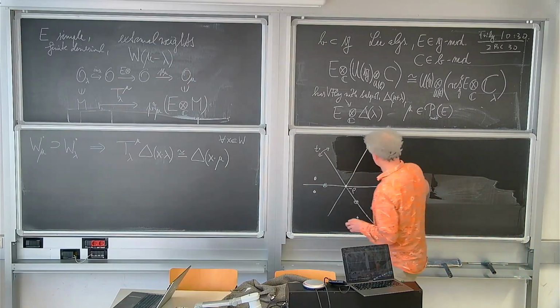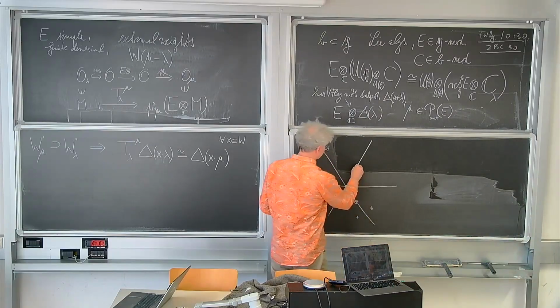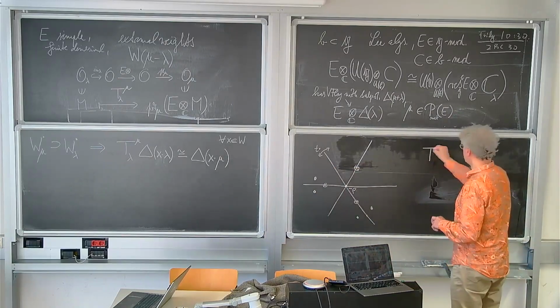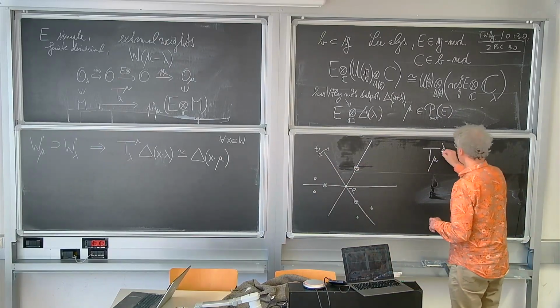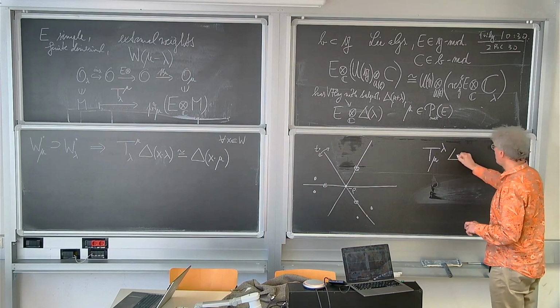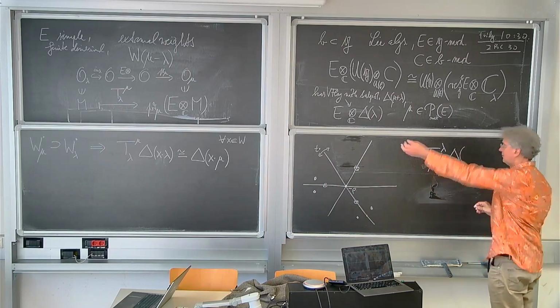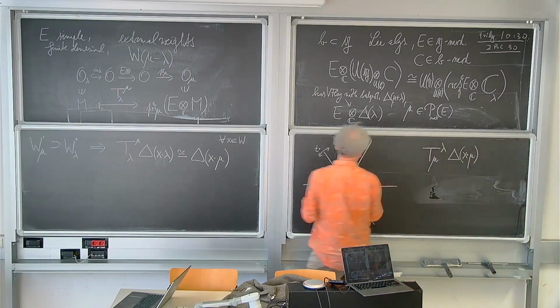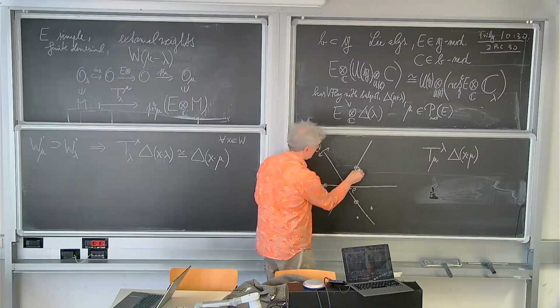So we have here this guy, and now we want to translate from mu to lambda this Verma module, say Delta x dot mu.